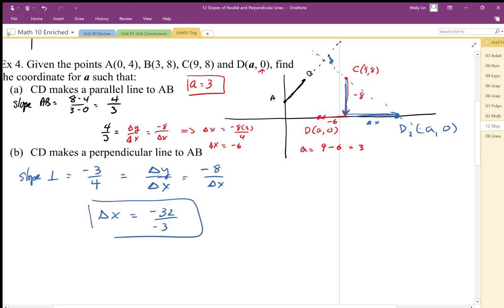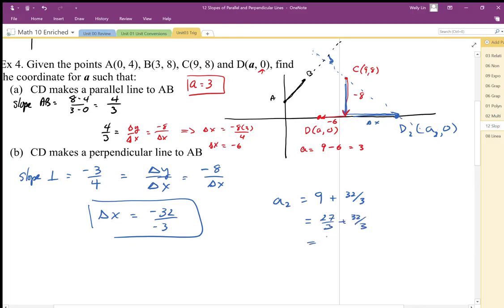So if I want to find the position of A, we'll call it A2. A2 is going to be, well, I start at 9, and I'm going to have a change in x of 32 over 3. And so that works out to be 27 over 3 plus 32 over 3.